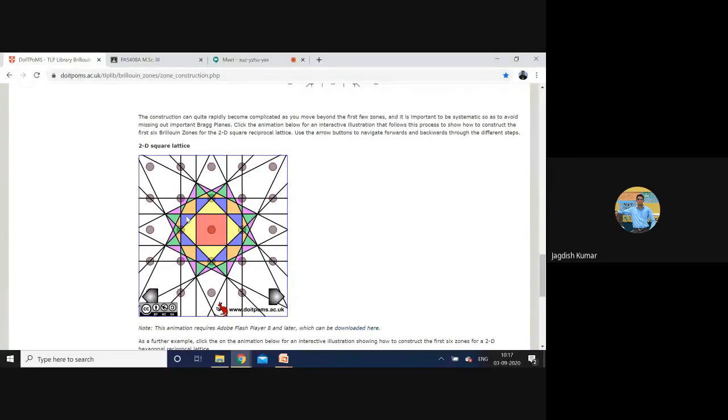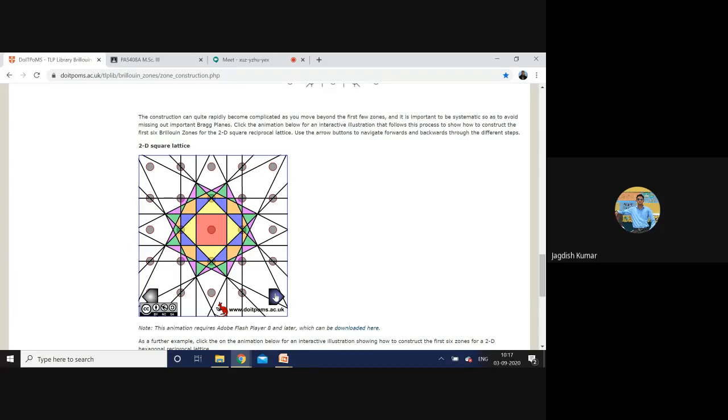So maybe we don't need to draw the further Bragg's planes. So this shows the first five or six, how many? One, two, three, four, five, six, the first six Brillouin zones for a 2D square lattice.